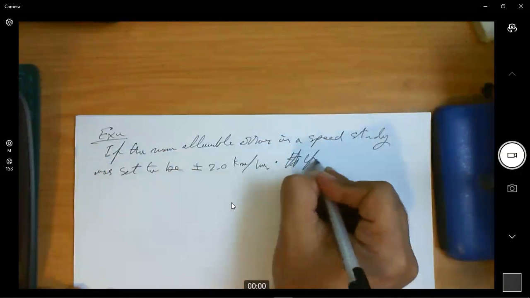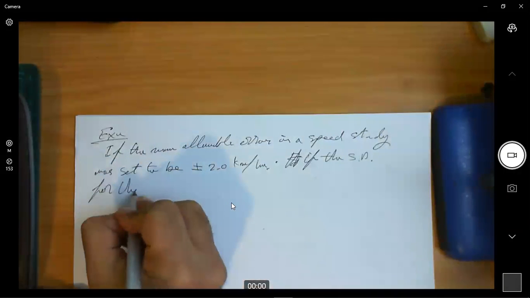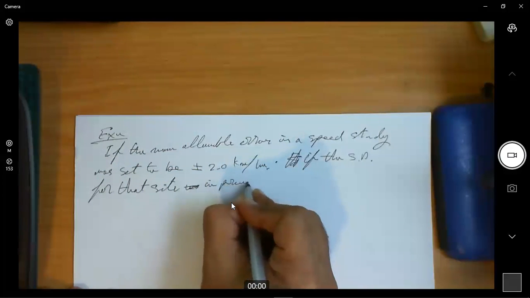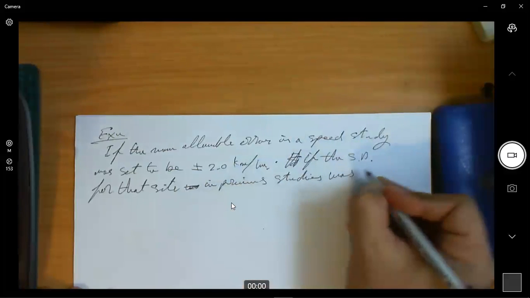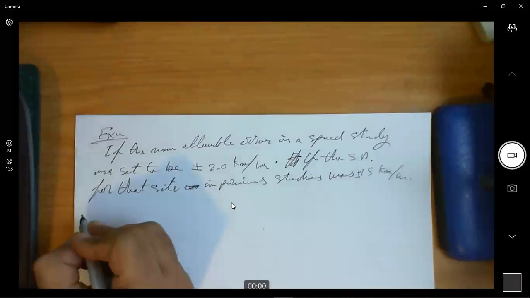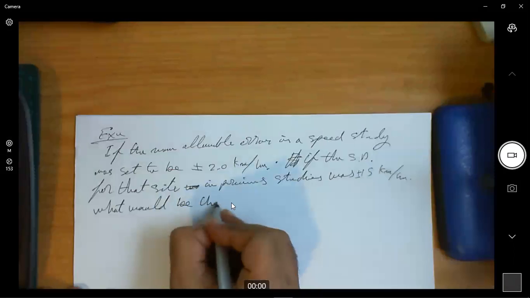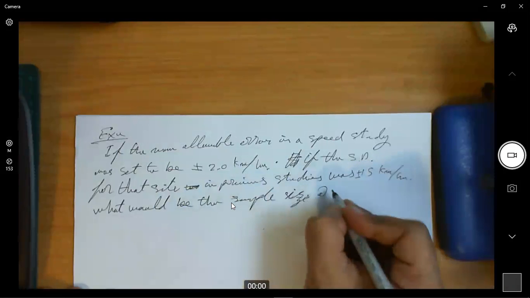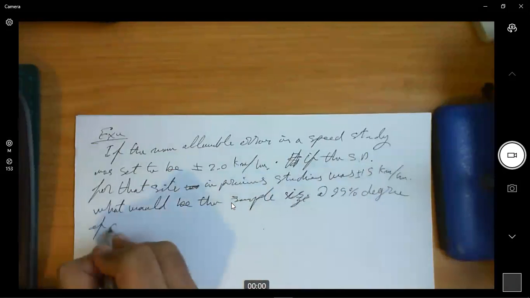If the standard deviation for that site in previous studies was, say, plus or minus 15 kilometers per hour, what would be the sample size at a 95% degree of confidence?